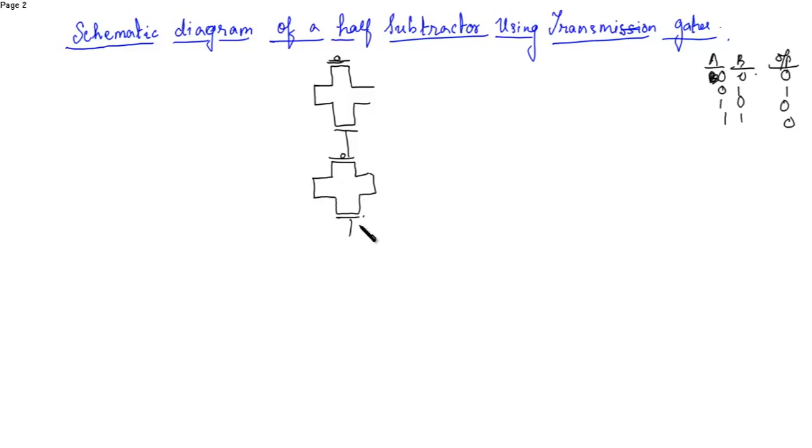This one is for the borrow, because we already know the schematic diagram for the difference.